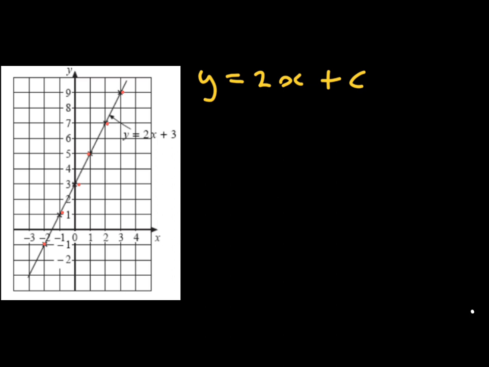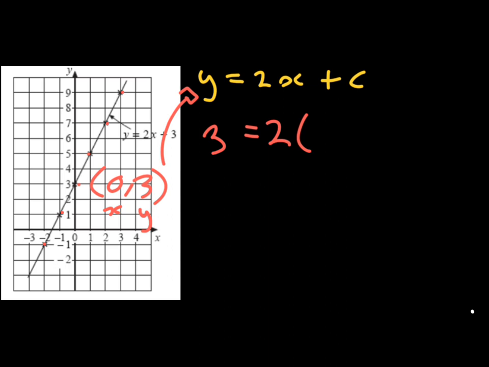So for the sake of this example, let's pick 0 and 3 as a point to substitute in. Remember, this point is made up of an x and a y component, and that is how we substitute this point in.